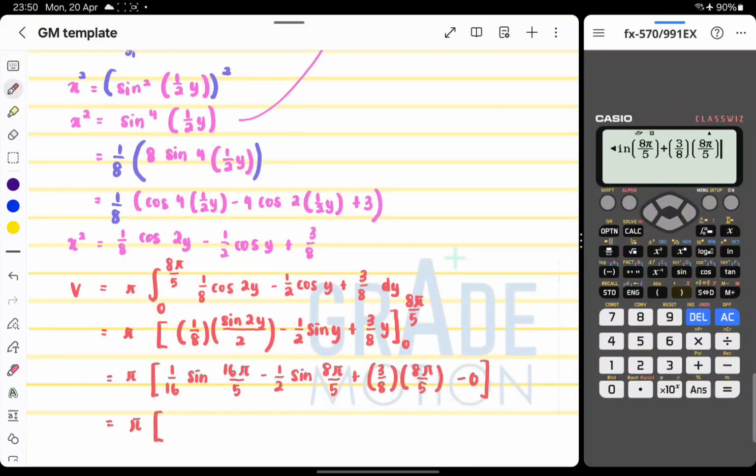Make sure our calculator is in radian mode. Why can we just simply use our calculator? Because they want us to give the answer up to 2 significant figures. We don't need the exact value for this question.